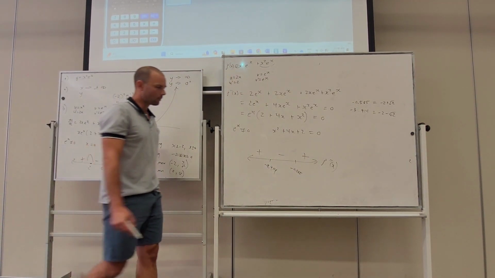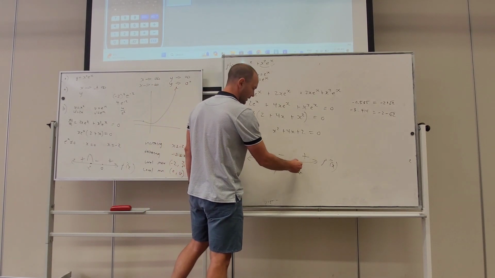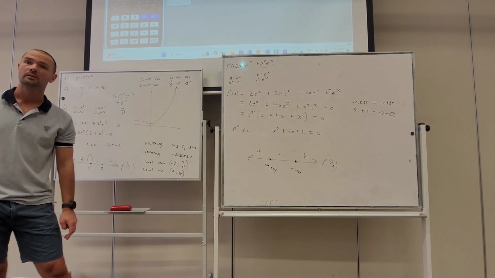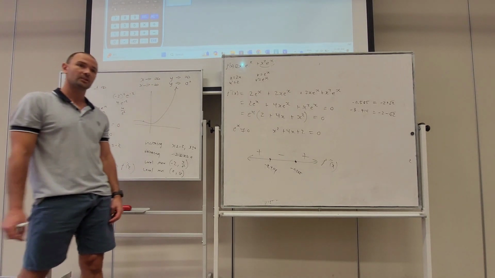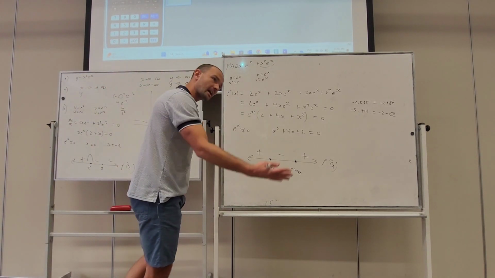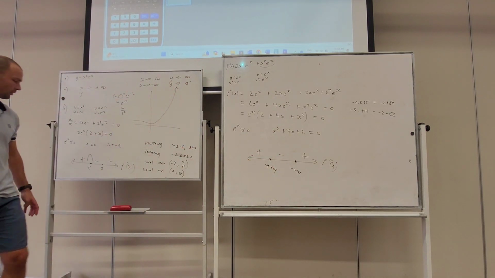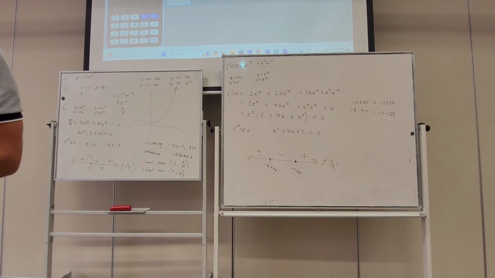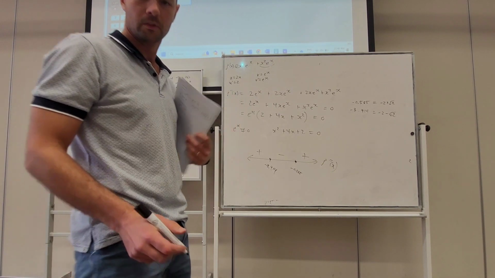So that means we have a point of inflection here and a point of inflection here. They're both non-stationary points of inflection, because if we had a stationary point of inflection, we know it would pop up on the first derivative. Hence, find the nature and coordinates of any points of inflection.